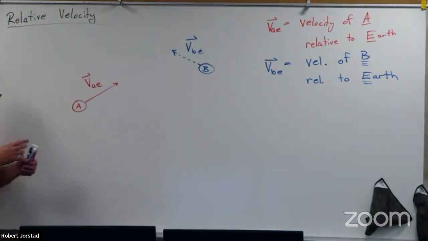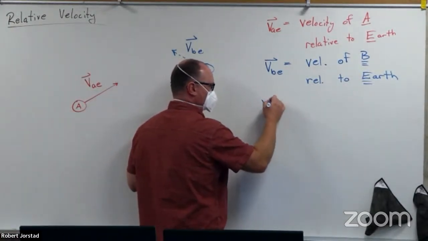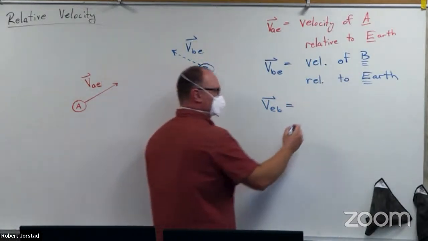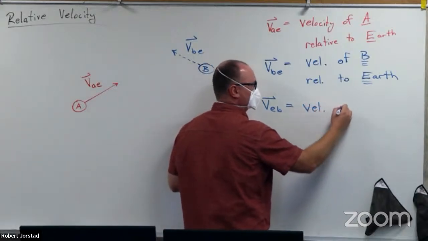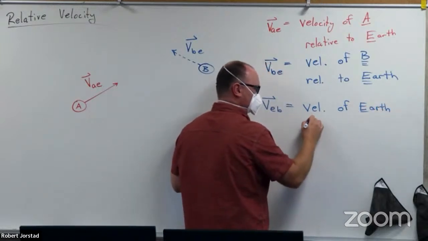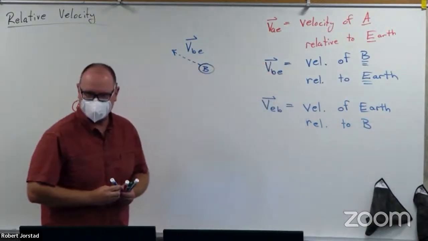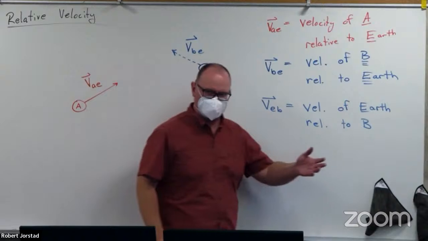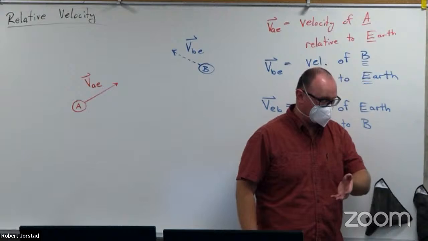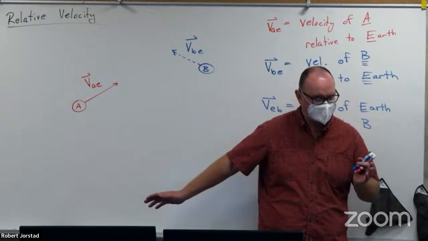Now here's what I was trying to address. It turns out we could actually discuss VEB, even though at first it feels uncomfortable and weird. This is the velocity of Earth relative to B. The idea is me walking to the right, when I walk to the right relative to the Earth, that's the same thing as saying the Earth moves beneath me to the left, right?